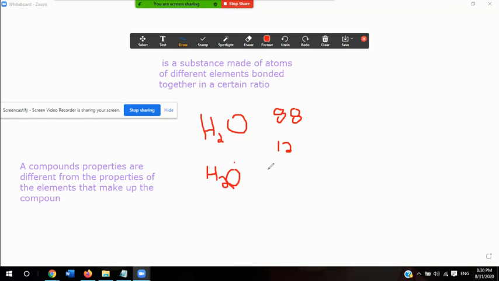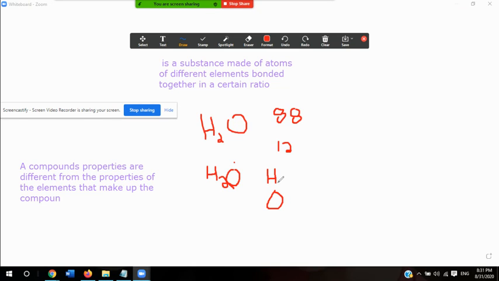But if I separate them into hydrogen and oxygen, they're completely different, with a different set of properties. For example, hydrogen and oxygen in their natural state are gases. But if you combine hydrogen and oxygen, you get water. So that's what that sentence or that paragraph is referring to.